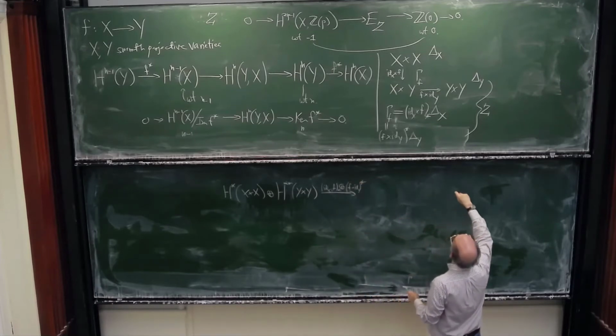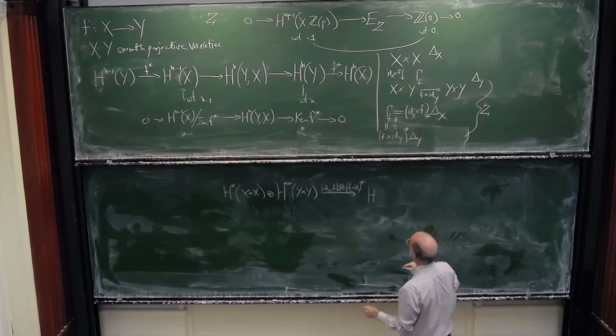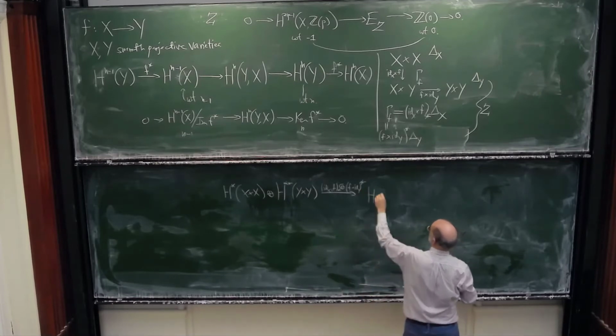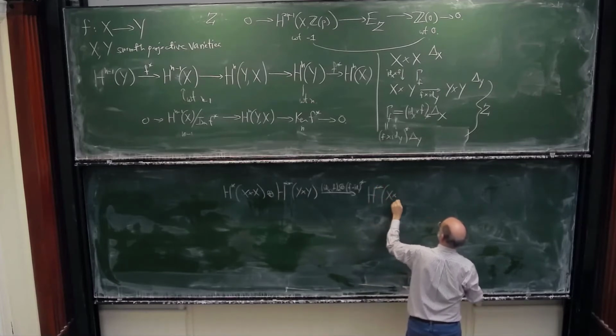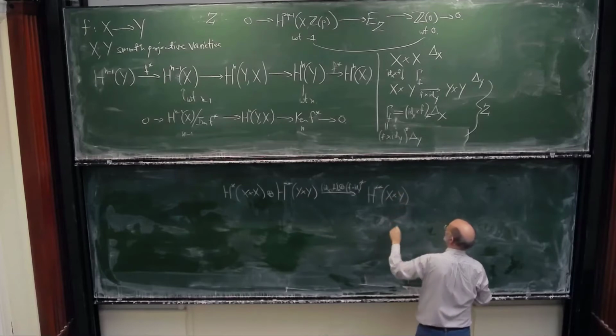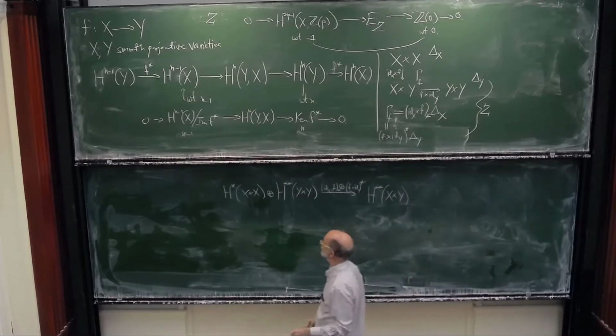I should end up in the cohomology in some degree, I guess double star, of X cross Y. And let's suppose I need to give some twists to make this look realistic.